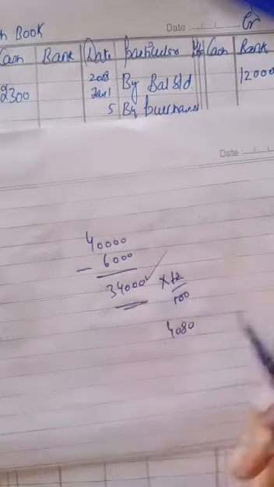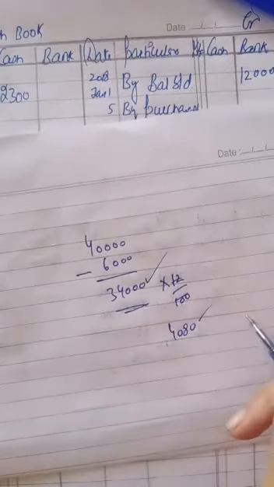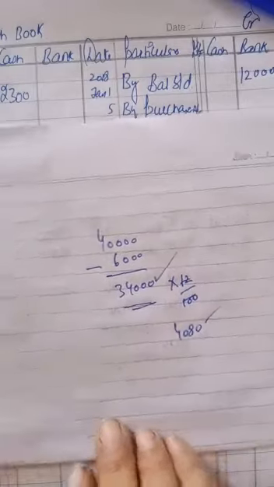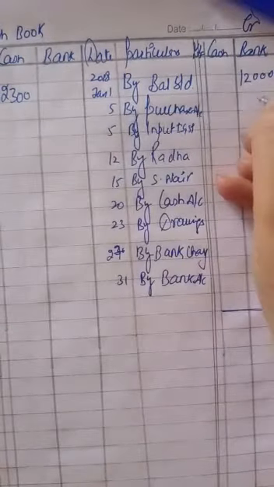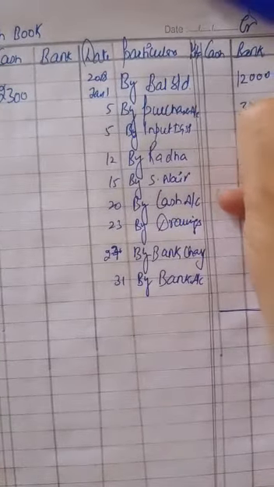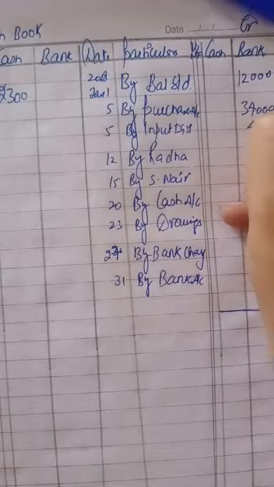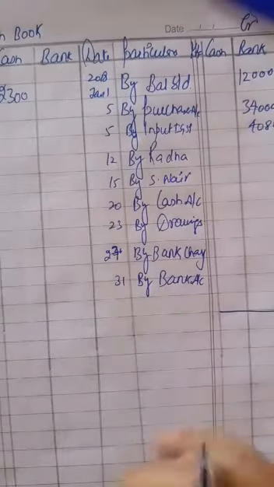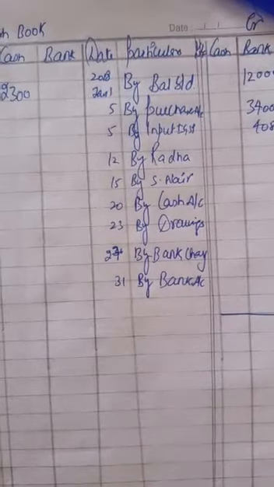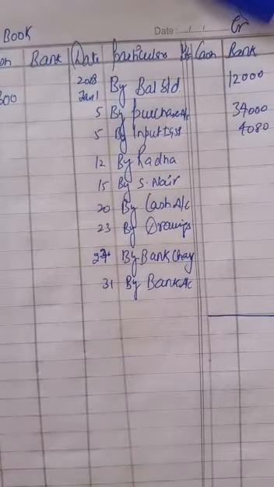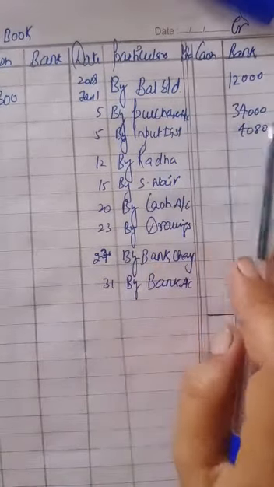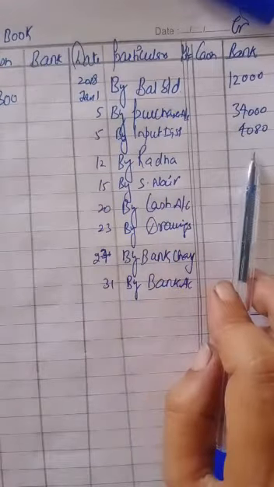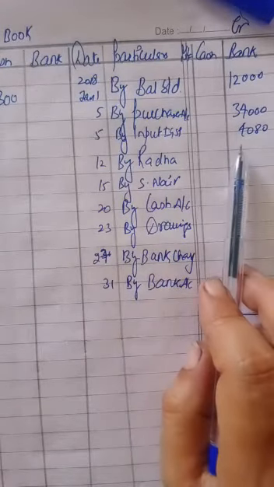This is the main purchase price. This is your tax which you have paid to the central government. Here you will write, you have made the payment through check, so you will write here purchase 34,000 and IGST you have paid 4,080. 34,000 you will record in bank column. You have made the payment through check, and for 4,080 you have paid input IGST.